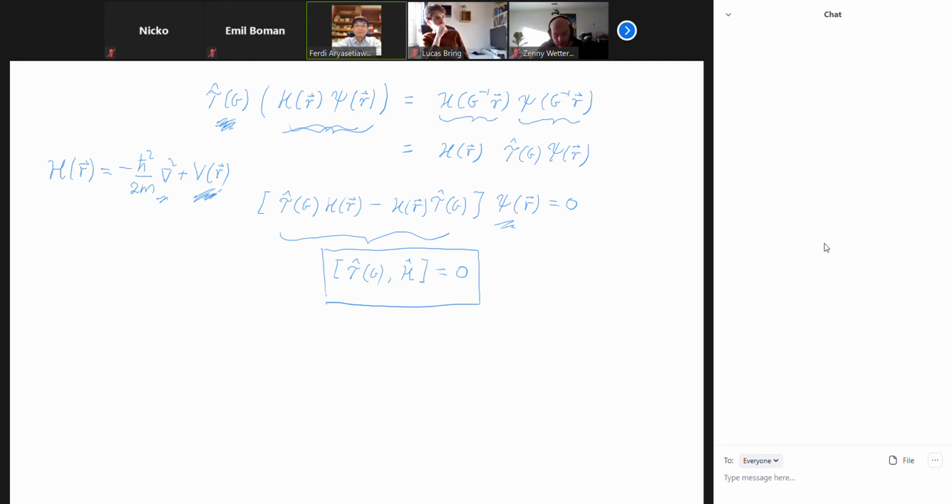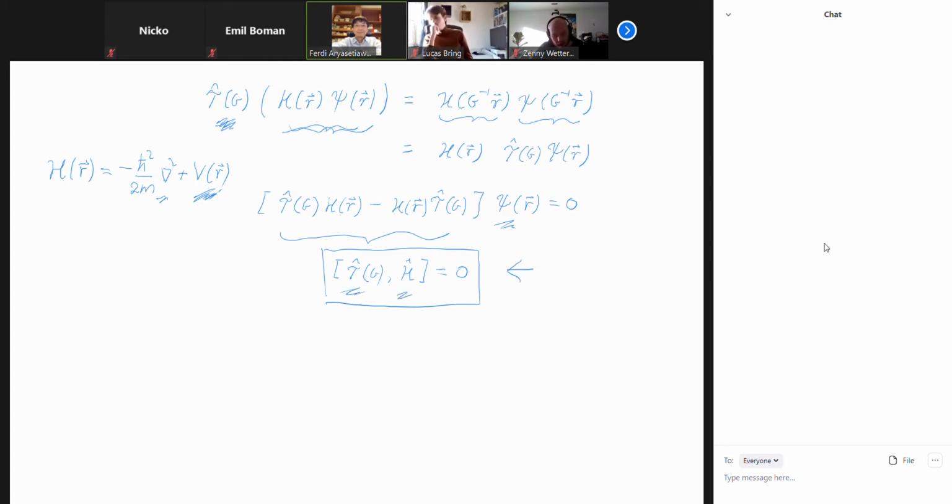So symmetry is very much related to degeneracy. I'm talking about the symmetry of the Hamiltonian; it could be also some other operators. So let's focus for the moment on the Hamiltonian. This is clear from the fact that the symmetry operators commute with the Hamiltonian.